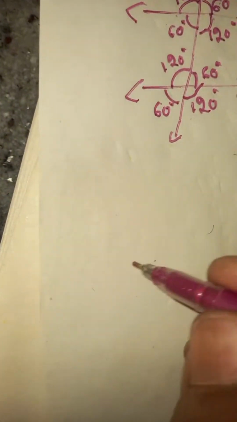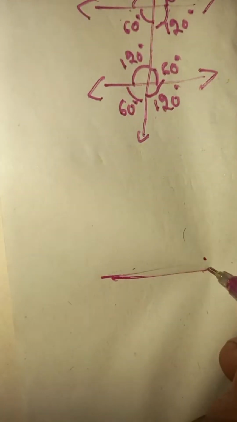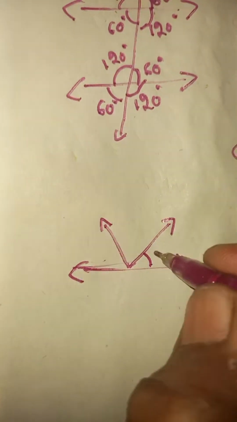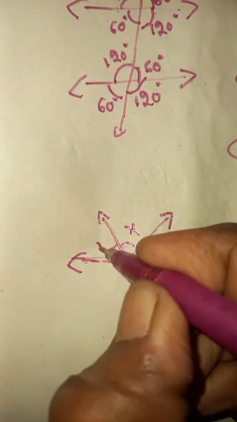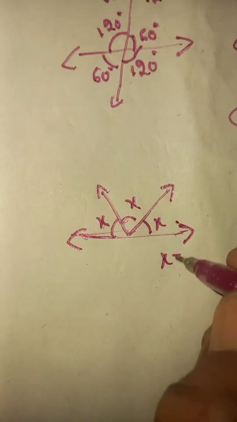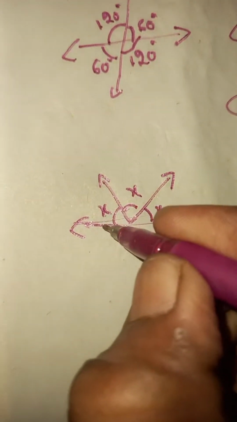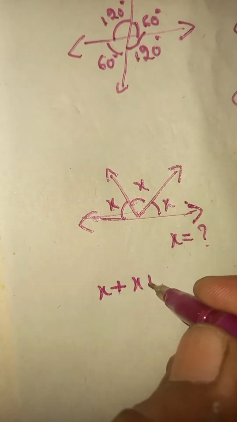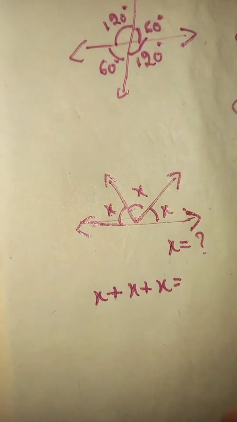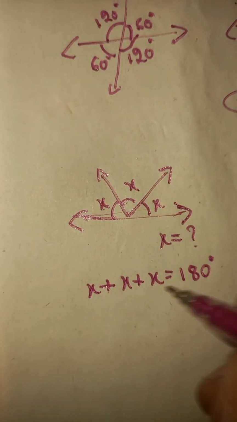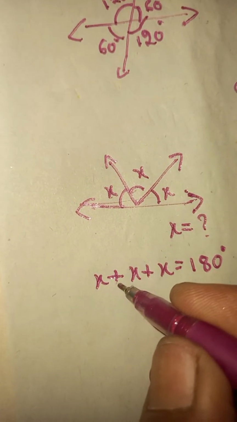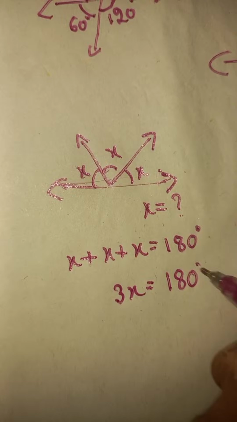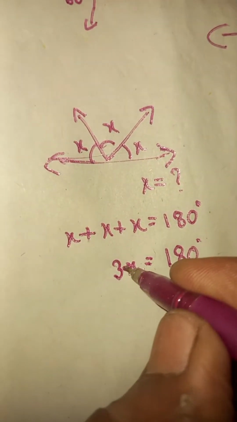Let's take one more problem. Here on this straight line they are giving three angles. Those three angles are each x. Now you need to find the value of x. You know that these three are angles on a straight line, so x plus x plus x, their sum, is going to be equal to 180 degrees. x plus x plus x means 3x equals 180 degrees. 3x can be written as 3 times x.